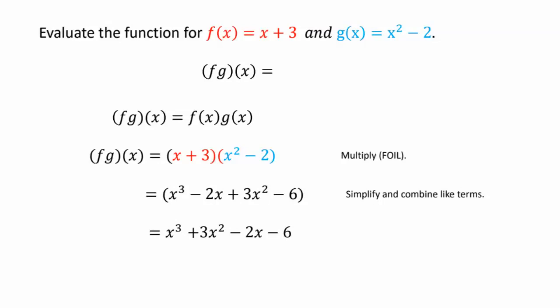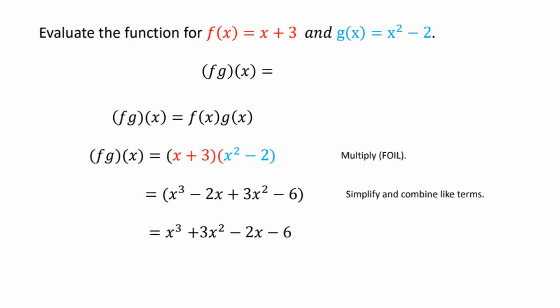Do we have any like terms? Here we have an x cubed, and there's no other x cubed, so we just bring down the x cubed. Now let's see the x squareds. We have 3x squared, and we don't see any other x squareds, so we just bring it down. We also don't have any like terms with negative 2x, so we bring it down, minus 2x.